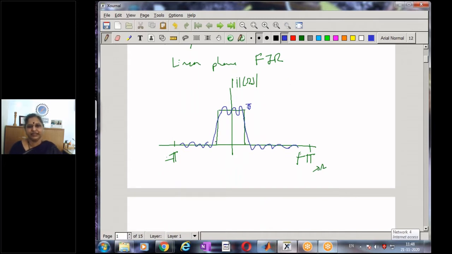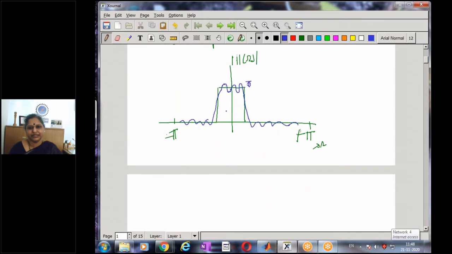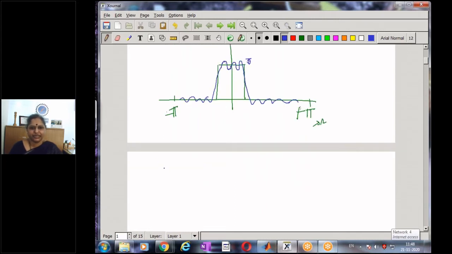Interestingly, this is for one n. Suppose I increase the n further, the energy in the ripples keeps decreasing as I increase the order of the filter.